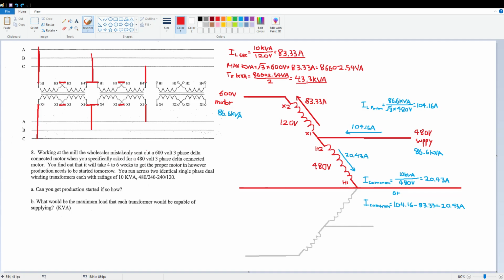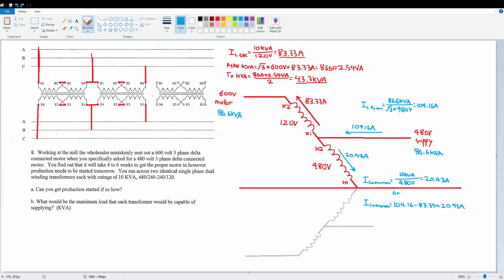So basically our supply is 480, but we have a 600 volt motor, and we need to find out how we can supply it using two single phase transformers, right? And how we're going to do it is we're just going to connect it in open delta and use the boost to add it up to 600, right? Because 480 plus 120 equals 600. So we can use this boost configuration to supply this 600 volt motor that we're given.